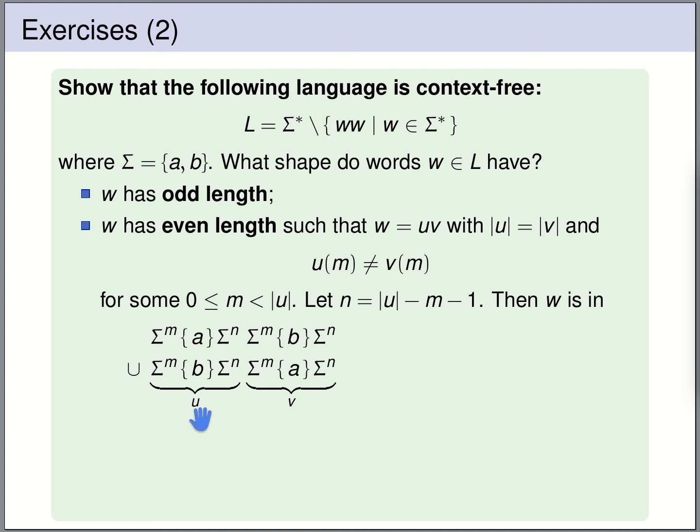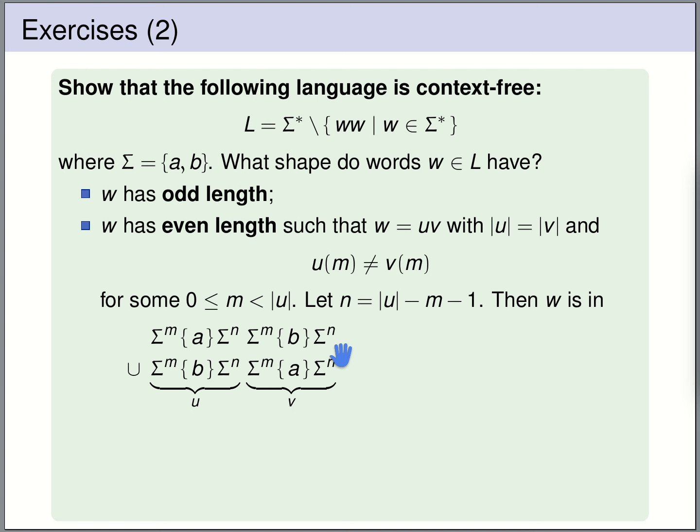This is the word u. And the second part here is the word v. And the word v just looks similar to u. In the front we have m arbitrary letters, then a b, and then some suffix of n letters.